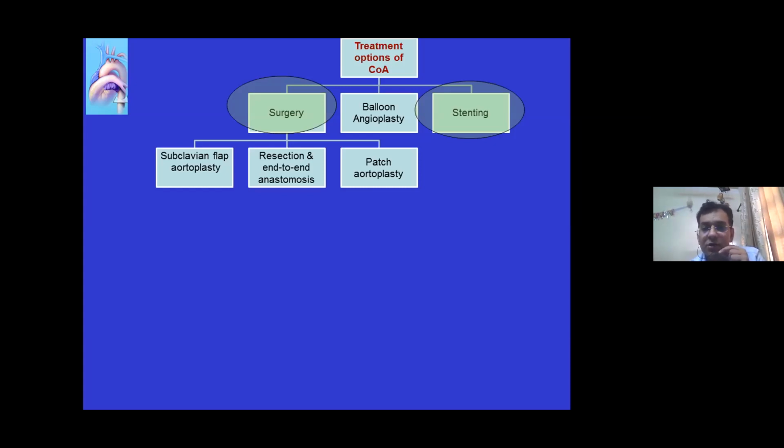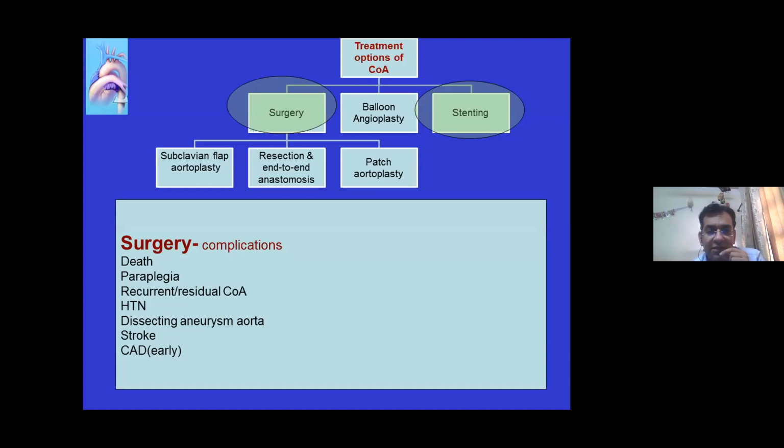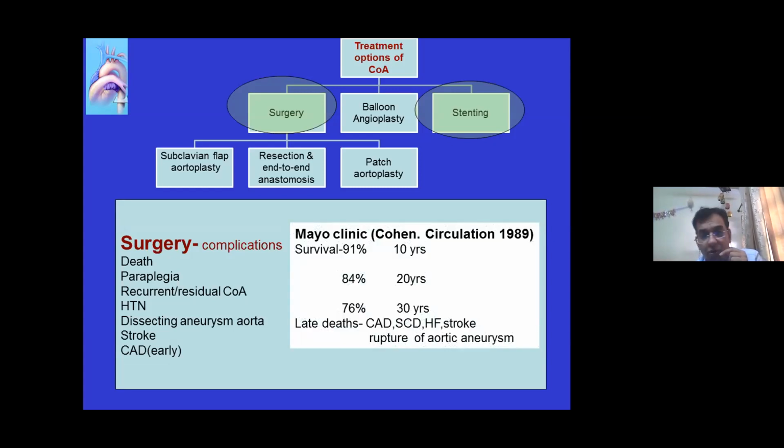As the surgeon goes from the side, there is likelihood of bleeding, which happens a lot, and also a proximal segment which needs to be clamped and a distal segment which needs to be clamped, causing a lot of secondary complications. So the complications from surgery include paraplegia, of course serious complications like death, recurrent and residual coarctations, hypertension, dissecting aneurysm, stroke, and coronary artery disease.